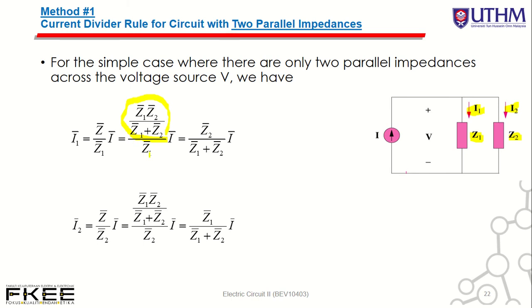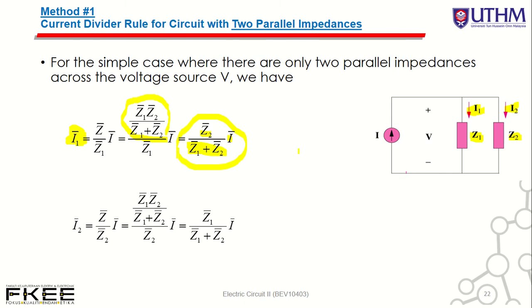Okay, so divided by Z1 times total I. So by solving this fraction, you can get Z2 divided by Z1 plus Z2 times I. Okay, which means that your I1 equal to this equation.